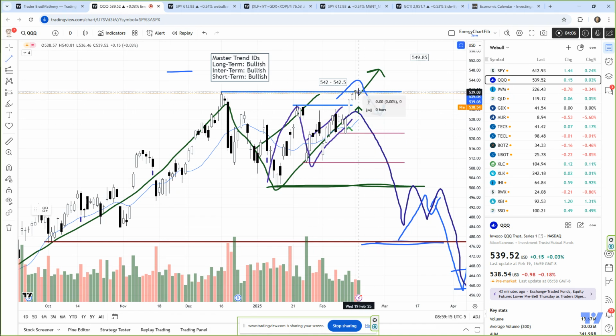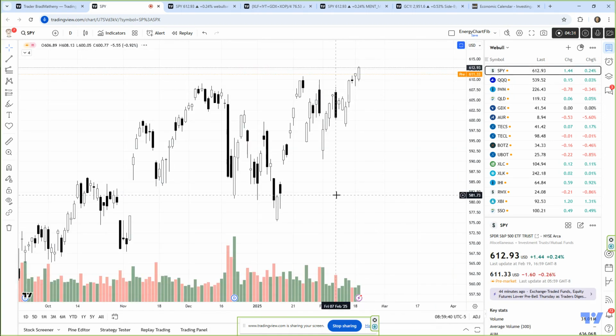If we were to break down here, you're looking at a 3 to 5 to maybe 7% type of a breakdown, 38, 39 points, possibly to 15, 16, 17 points down here, which would be a fairly substantial rollover, 3 to 3.5% rollover.